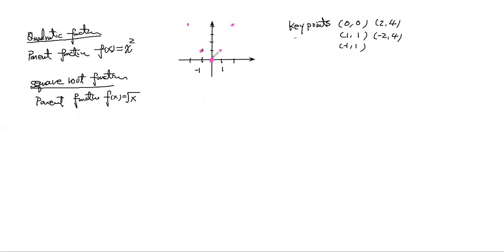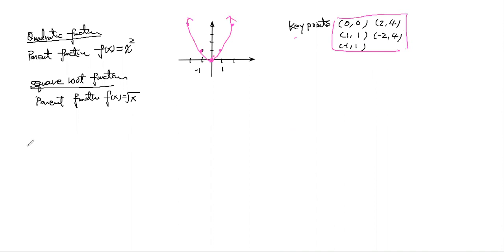So this is your parent function for the quadratic. I can't draw it very beautifully, I hate drawing on the whiteboard, it's very difficult. But remember, those are the key points that will help us for the transformation.